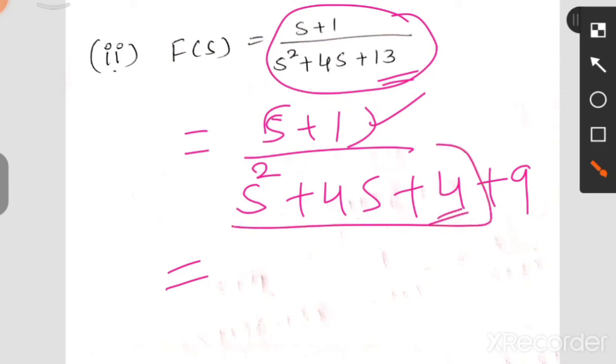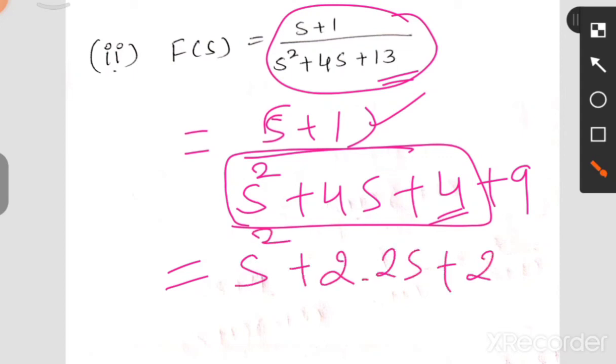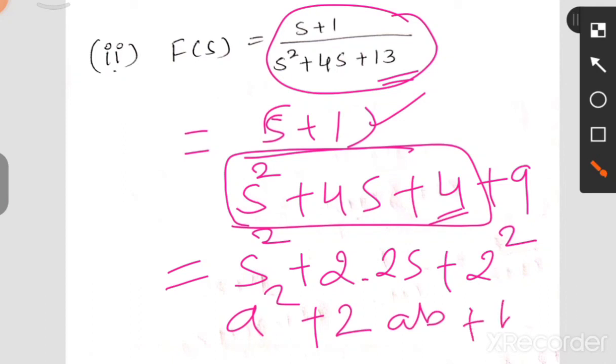So just observe this, s square plus 4s plus 4 is nothing but s square plus 2 into 2s plus 2 square. Okay, this is a square plus 2ab plus b square. a is s, b is 2, 2ab is this.